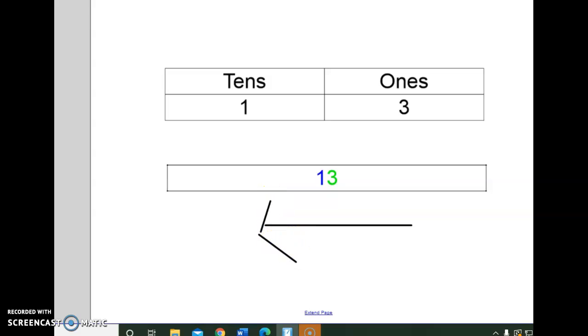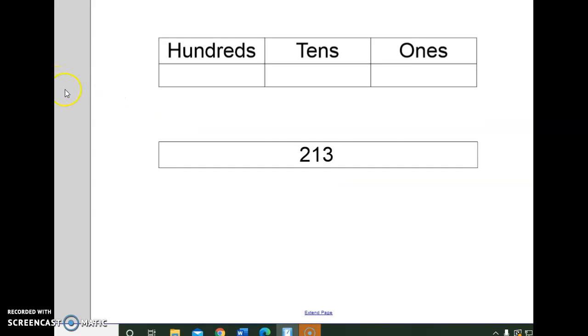Okay? That way. So let's do it with a hundreds number. Remember, we're going to start here, and we're going to go that way. We have to go backwards with place value.